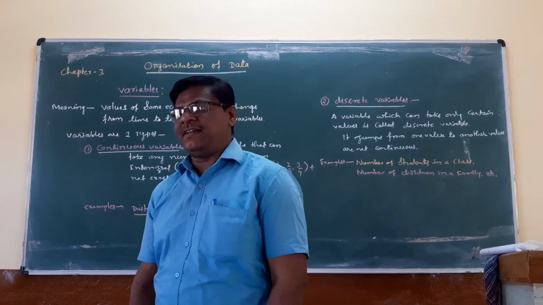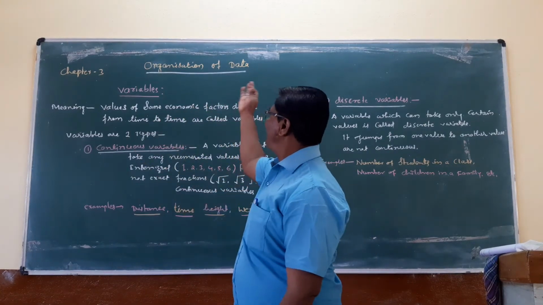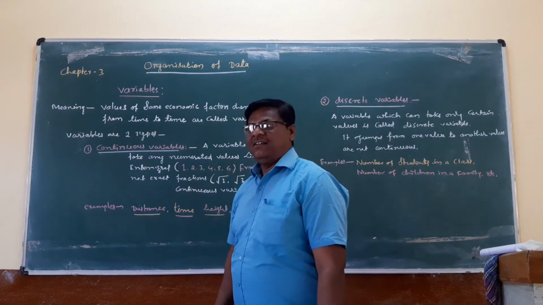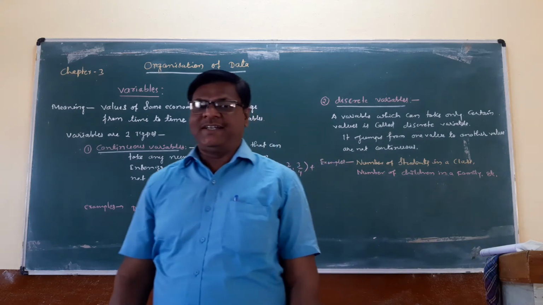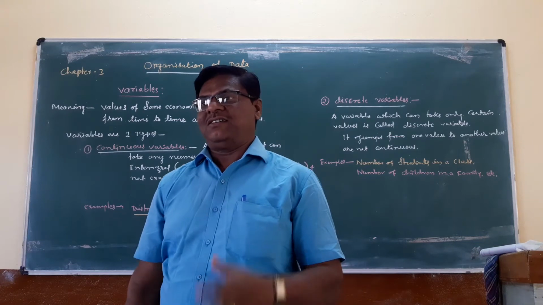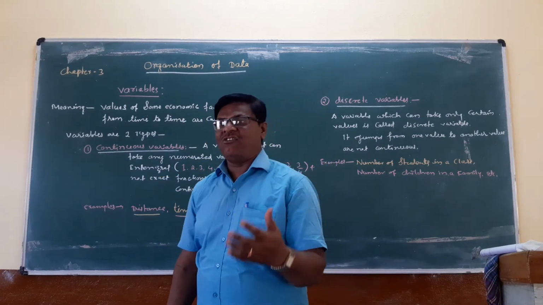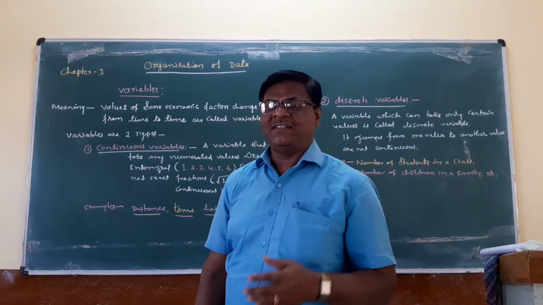Today, let us study chapter number 3, that is organization of data. We have already studied the types of classification of data, the meaning of organization of data, and its objectives.